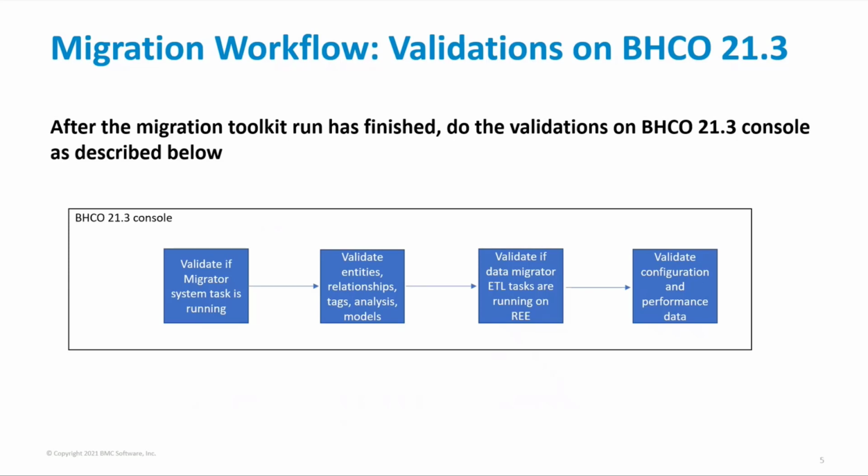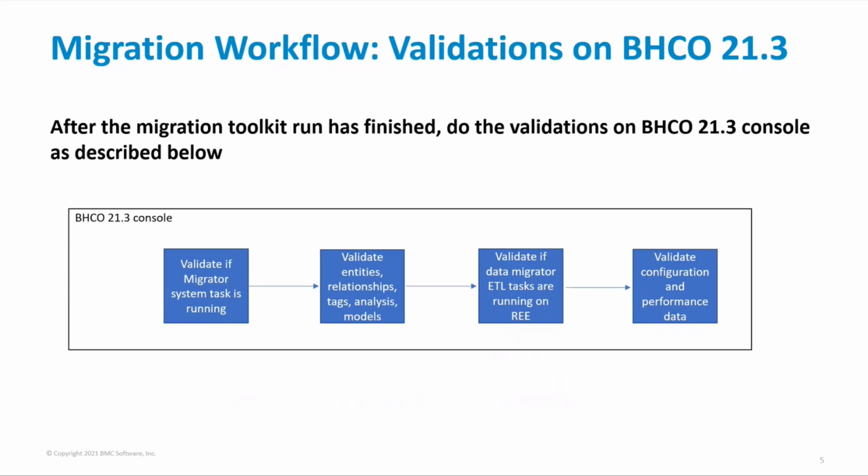In parallel, the data migrator ETL tasks are also scheduled on the remote ETL engine for the BHCO. What these data migrator tasks do is get all the historical data up to 2 years in the past from the customer's TSCO database into the BHCO.